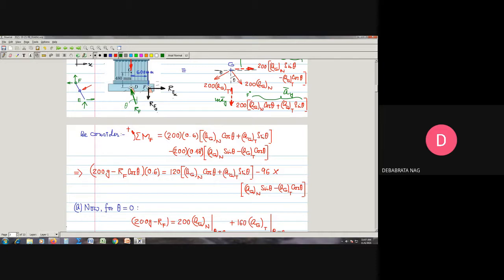So students, I hope that with the solution of this problem, you have understood the basic logic behind these problems of rectilinear kinetics in case of the translational motion of a rigid body. What you need to do?